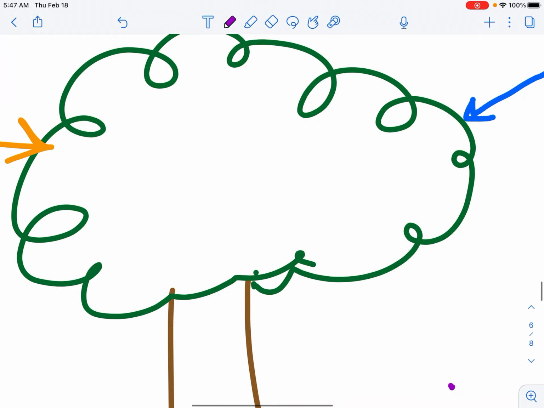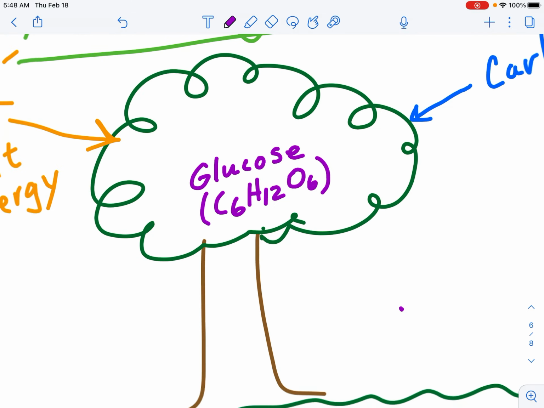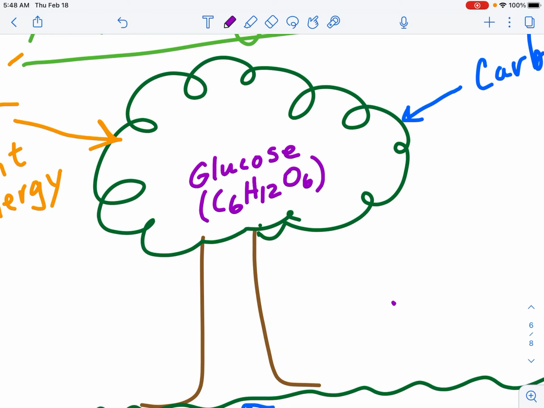And so I'm just going to write the word glucose here. And glucose has a long chemical formula. It is C6H12O6, which means it's got 6 carbons, 12 hydrogens, and 6 oxygens. And that glucose, as I said, most of it is stored inside of the plant.